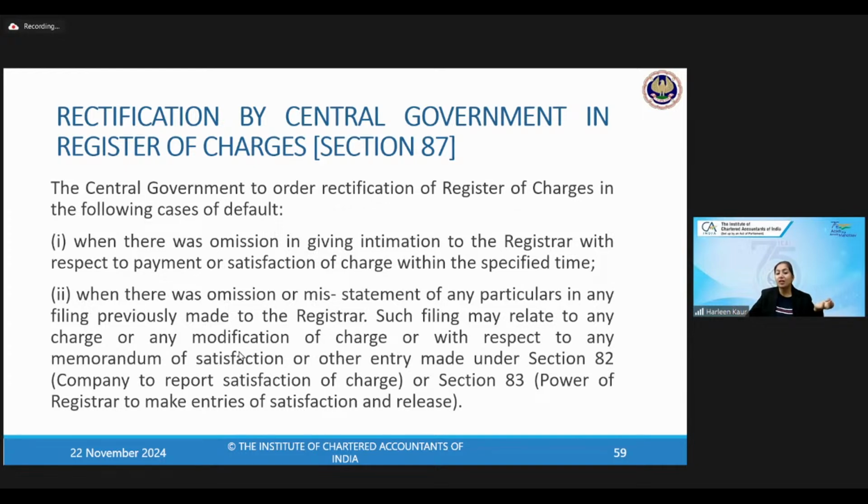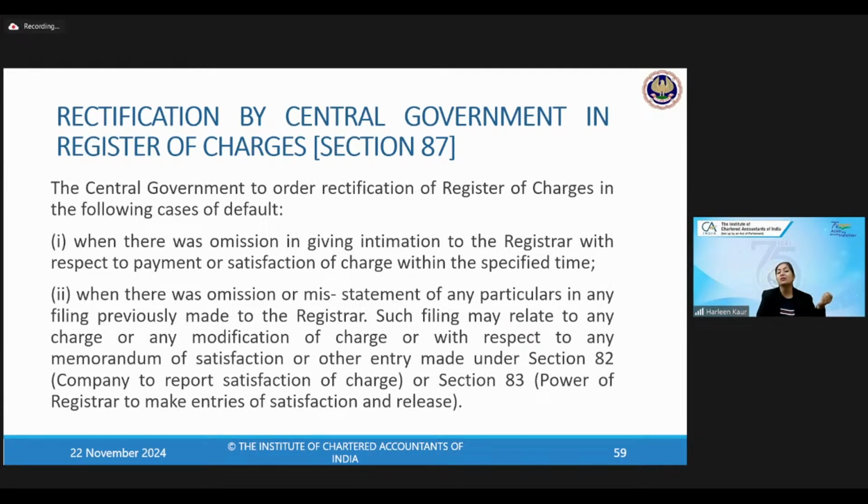Such modifications have been made with respect to the satisfaction of charges. Any modification and satisfaction of charges errors have been made while filing that with the registrar under section 83 or under section 82. So law has given permission to the company to go and take the permission of central government, so that instead of giving you a penalty, you can order the rectification.